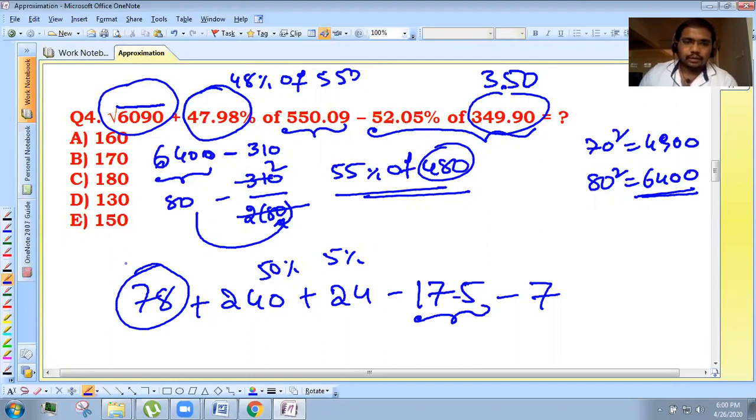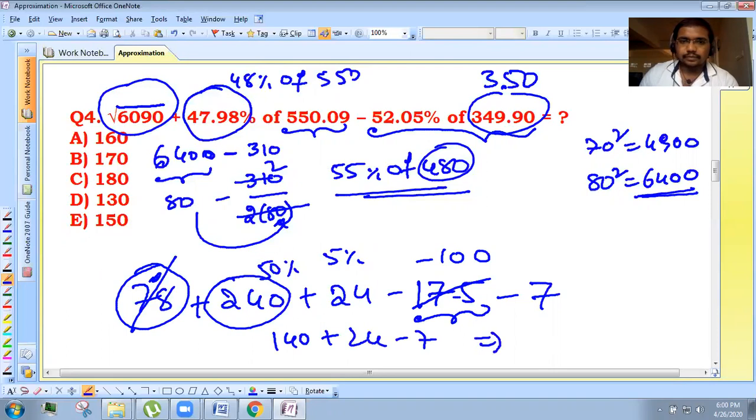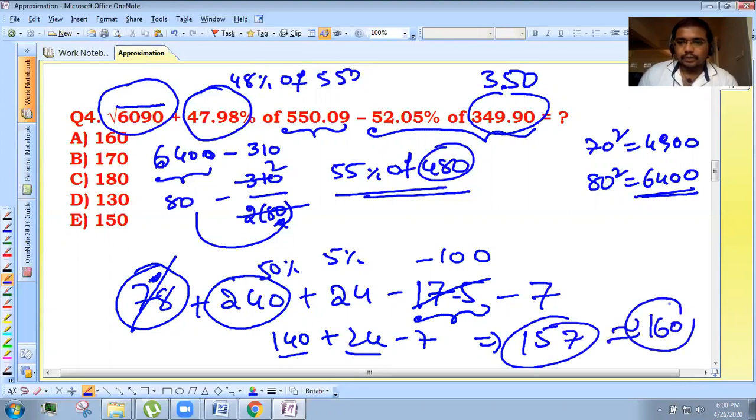You can take these two values, cancel, minus 100 is remaining. 240 minus 100 is what? 140 plus 24 minus 7. 140 plus 24, 164 minus 7, 157. Approximate answer is what? 160, because it is more than 155, so you have to go for 160.